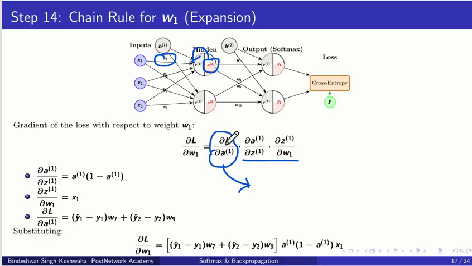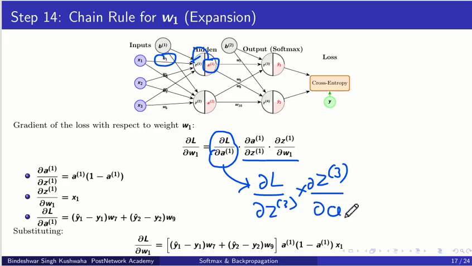So we can expand this one like del L upon del Z3 into del Z3 upon del A1.